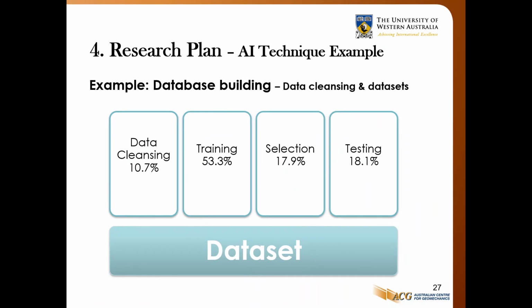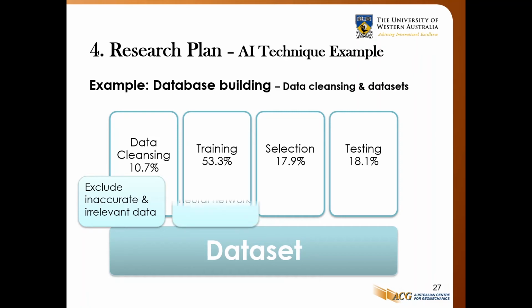Then they collect the data and clean the data. Why? Because sometimes the data includes some inaccurate, incomplete, and irrelevant data, and they exclude them. They excluded about 10% of the data, and the rest of the data were divided into 3 subsets. One is the training subset, which is used to create the neural network.